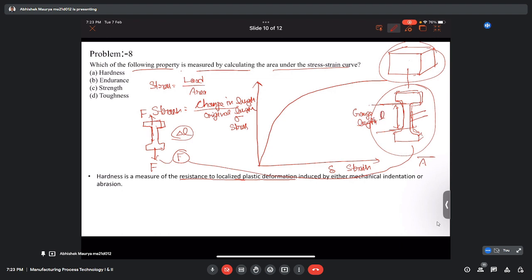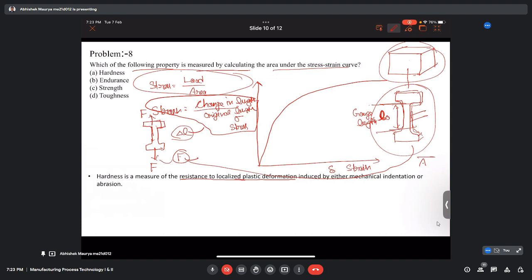The initial length, which we take as L0, and the initial cross section area we already know. And from this machine, we got the delta L and force or load values. From this, we calculate the stress and strain.